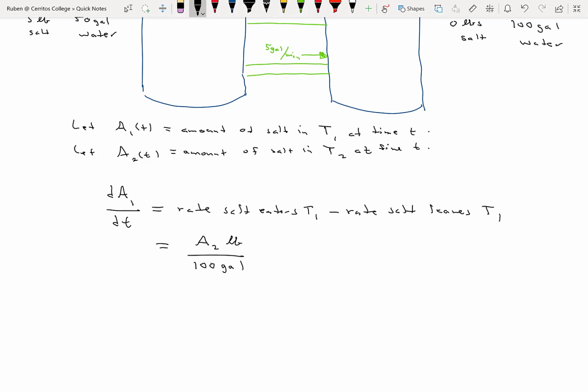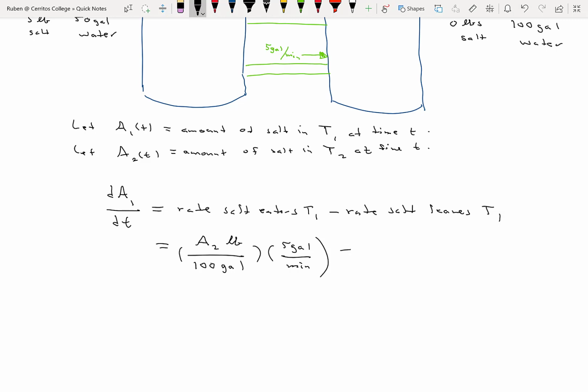That's the concentration of the salt in tank 2 at time t, and that's entering at a rate of 5 gallons per minute. Now look what happens to the units. The gallons cancel, and you're going to end up with pounds per minute. And that's exactly what the units of the rate of change of salt should be. That's the rate at which salt enters.